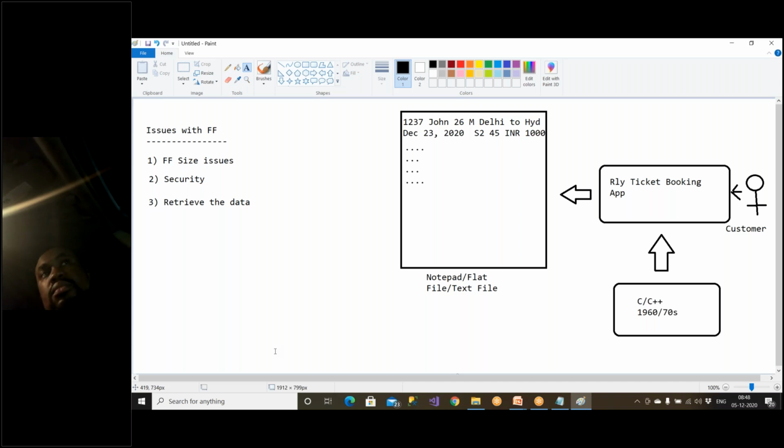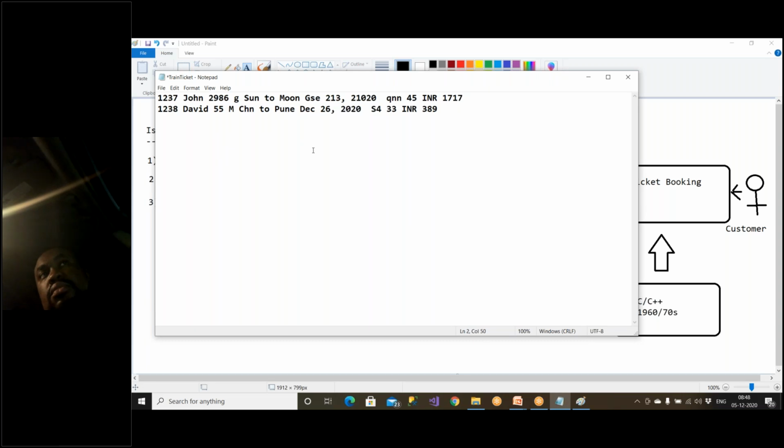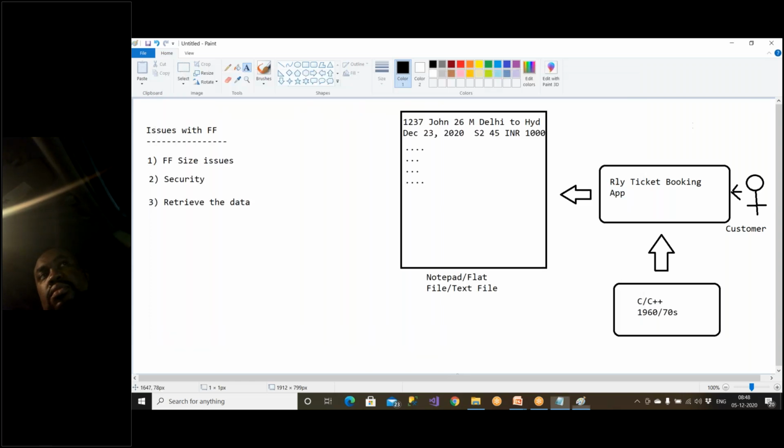Now, I don't know in which file I have the data, because many files have been created and I don't know which file the data is available in. So I need to open file by file, and I have to write a program. The program is also not a very simple program.